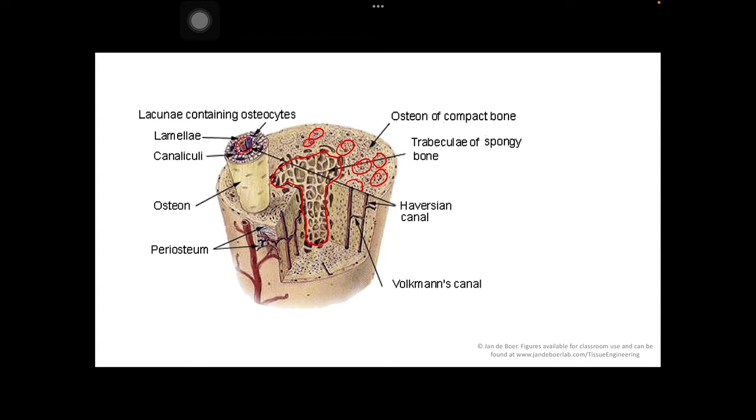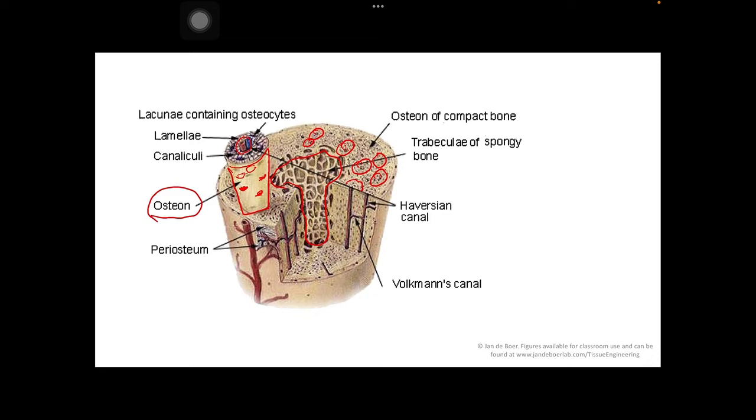And these structures are called the osteon. The osteon is layers of extracellular matrix, so the mineralized collagen, with these encapsulated cells that are called the what? They are called the osteocytes, right? We already discussed that before.